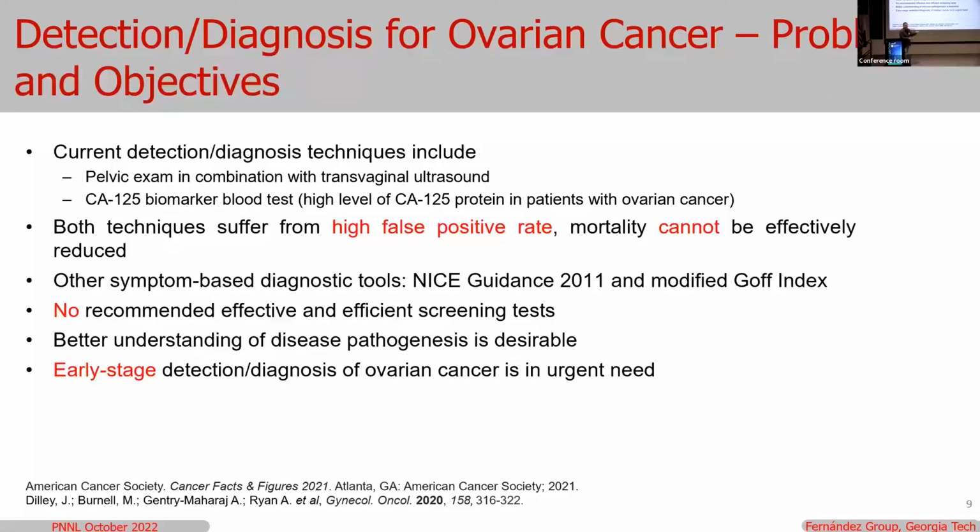They are used as examples of how not to use machine learning for biomarker discovery. But one of the biomarkers that is still around is called CA125. It's a mucin protein, and per se, it doesn't have a lot of predictive value. But if you look at the trajectory over time of CA125, it can actually have some value, mostly in high-risk patients, patients that have BRCA mutations, for example. But still, there's a big need in terms of diagnostics and detection.